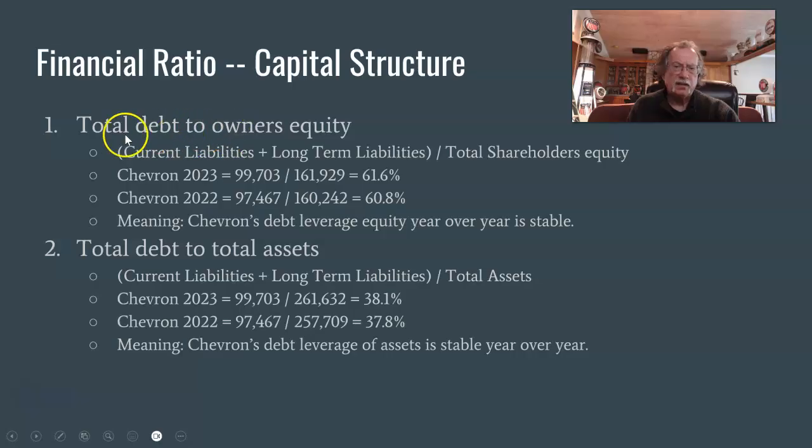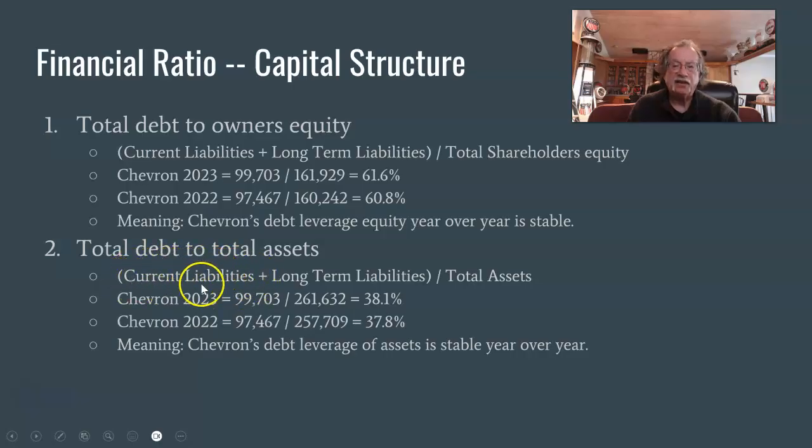Total debt to equity ratio, that's total debt divided by shareholders' equity. Debt to assets. Number 2 is used a lot more often in industry, debt to assets versus debt to owner's equity. And there's always a question as to what to include into debt. There's an argument that you don't include current liabilities in debt.